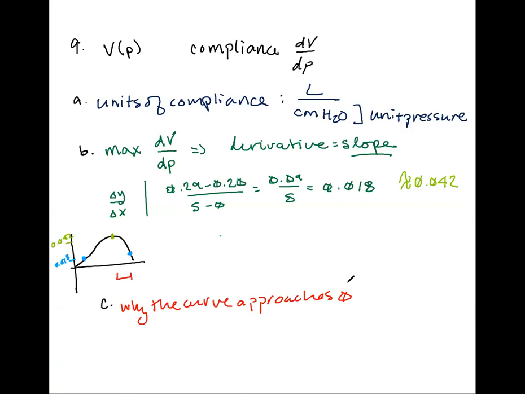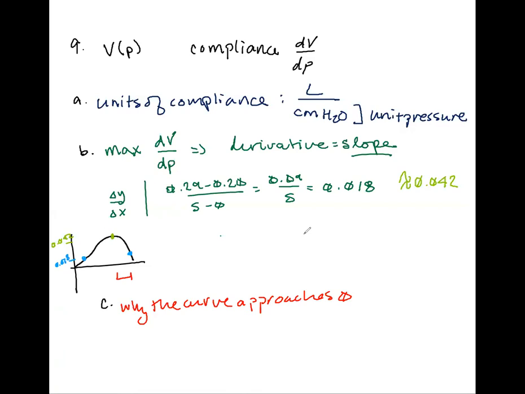So your volume is at 0.2 at its lowest point, and then by reducing the pressure a little bit, you get more volume, and then you approach a point at about 12.5 centimeters of water pressure that you've reduced.